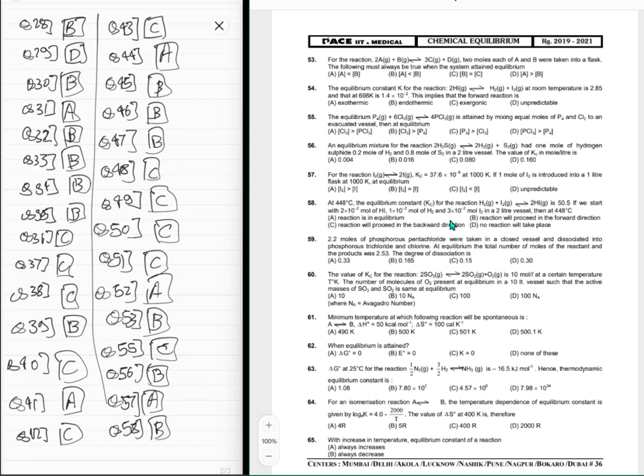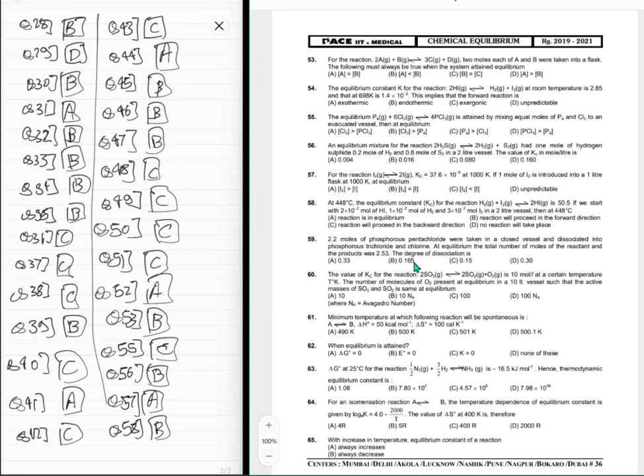Yes. Question 59. Some moles of phosphorus pentachloride PCl5 were taken in a closed vessel and dissociated into phosphorus trichloride and chlorine at equilibrium. Total number of moles of the reactants and the products were 2.53. The degree of dissociation is asked. So it's like 2.2 times 1 plus alpha, that thing is 2.53. So alpha times 2.2 would be 0.33.